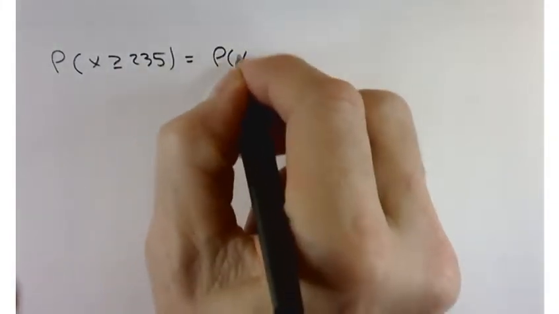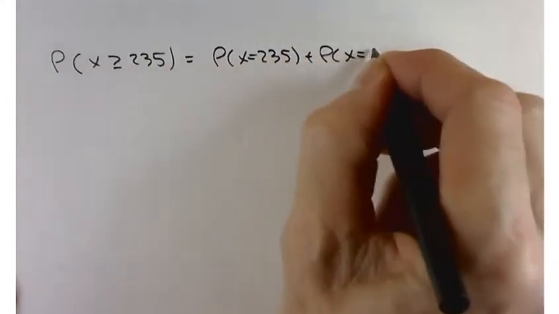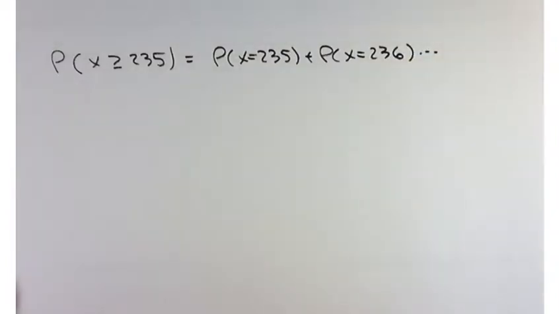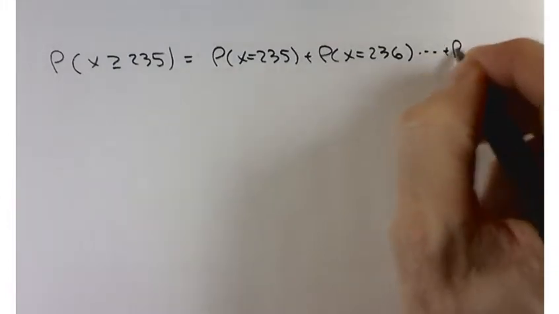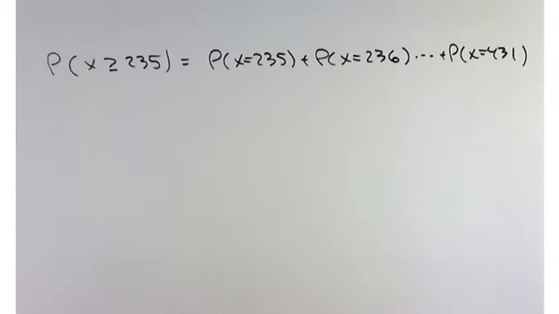That means the probability that x equals 235 plus the probability that x equals 236, on and on and on. And there was a total of 431 games, so you'd have to do that all the way up to x equals 431.